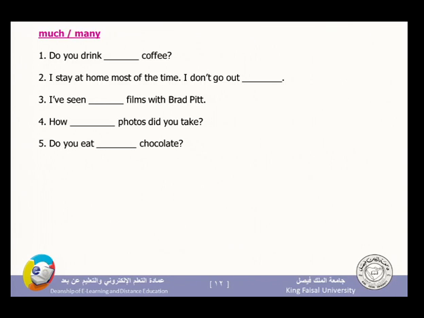And as such, many is to be used because I can add the S to the word film, the singular, in order to make it plural. Many is used with the countable, not the uncountable. Photos is the same. But chocolate is uncountable, so much is to be used. Do you eat much chocolate? It is uncountable.